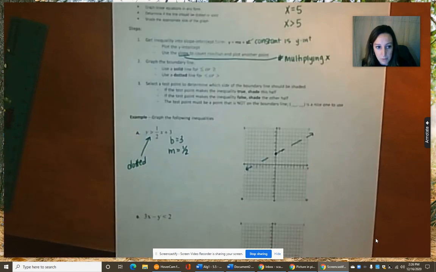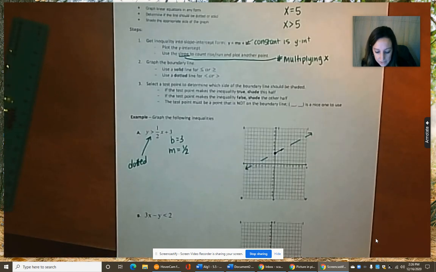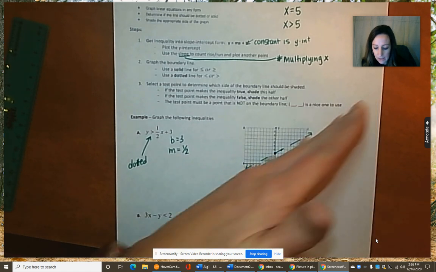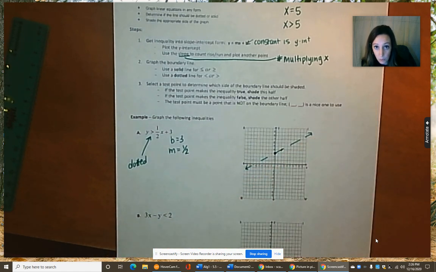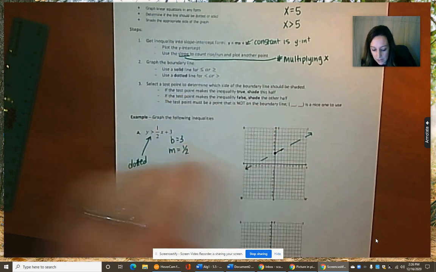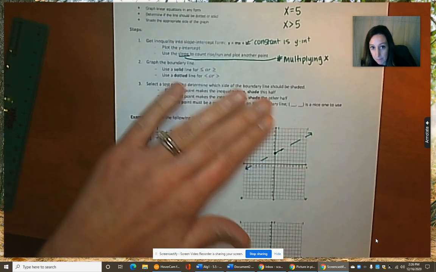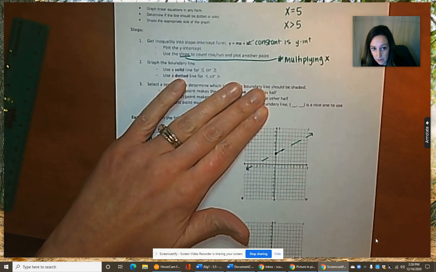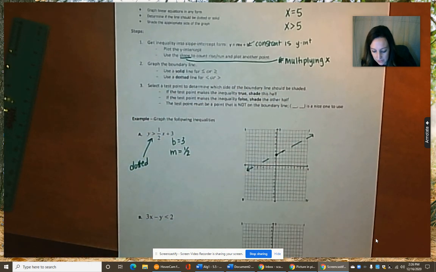The third step is to select a test point and determine which side of the boundary line should be shaded. If it was right on that line, it would be equal to it. Now I'm trying to decide which values of y make it greater than. Are they the values that are on this side, or are they the values that are on this side?